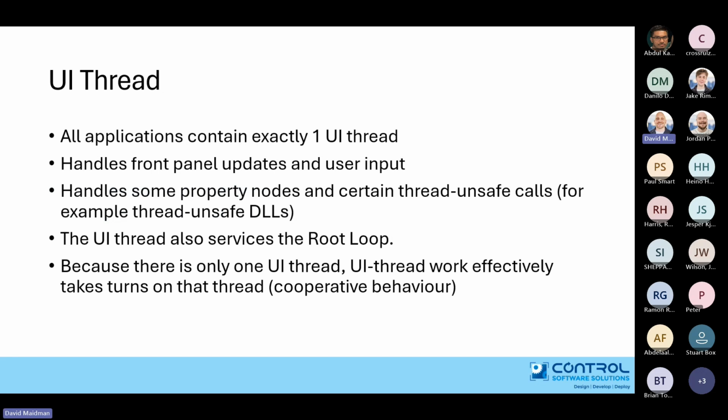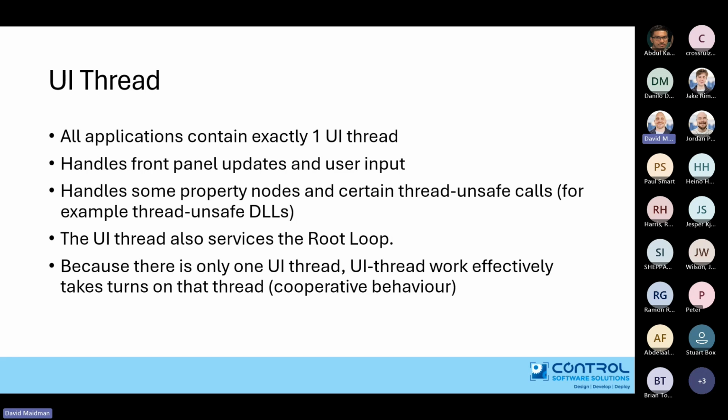The UI thread: all applications have exactly 1 UI thread. Anytime you're doing any user interface work, it's going through that UI thread, and there's only 1. It handles all the front panel updates and user inputs.